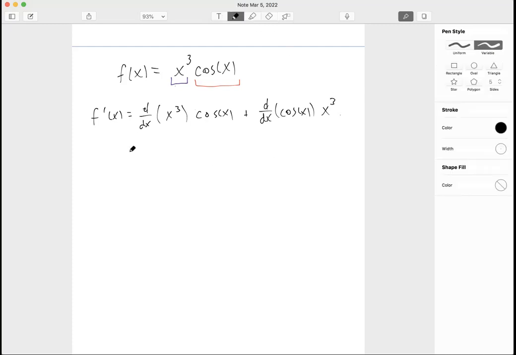Okay, so now we can just use the power rule, and we know what the derivative of cosine is. So it's 3x squared cosine x, and then minus x cubed sine x. And we usually like to put the x cubes in front, or the powers in front.